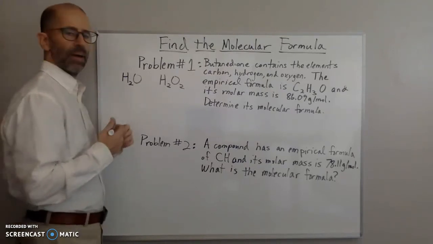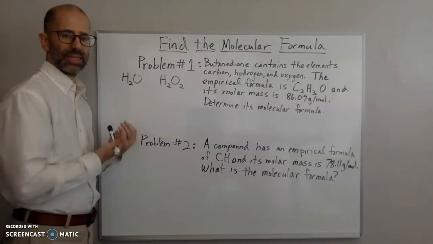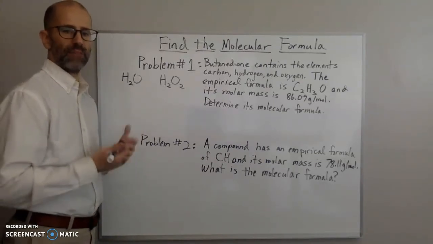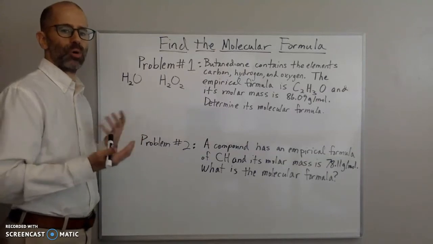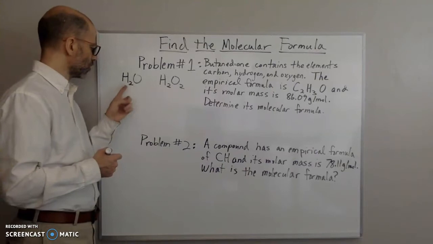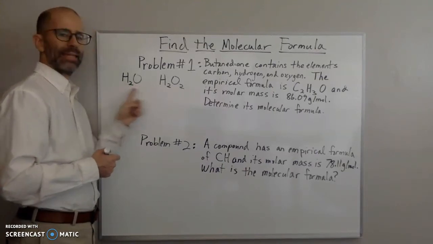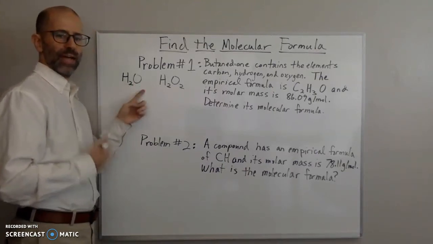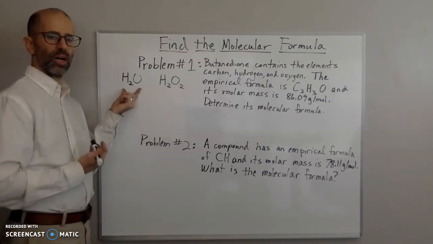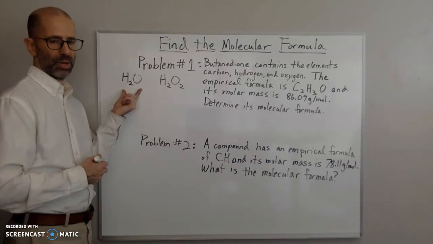But the empirical formula can either be the same as the molecular formula or it can be different. If the molecule already has the lowest whole number ratio, like we see in water, right? So you can't get any simpler than 1 to 2 as far as whole number ratio goes. So the molecular formula of water is the same as the empirical formula.